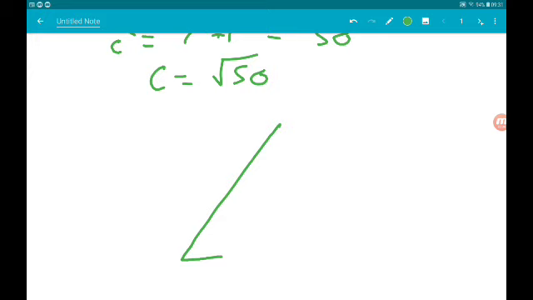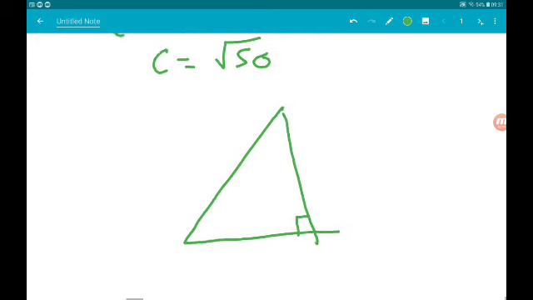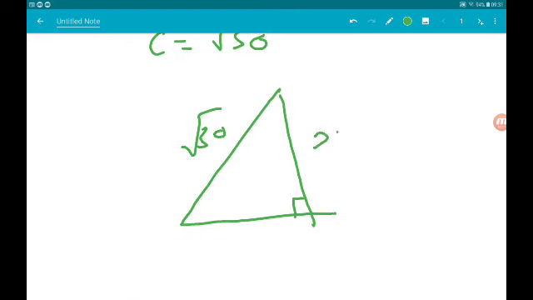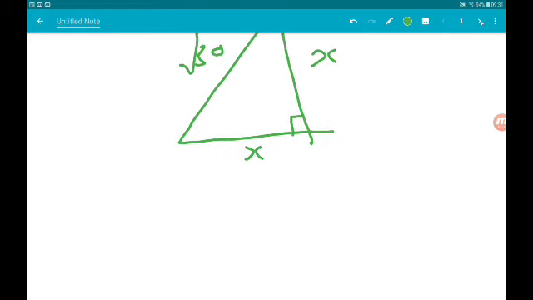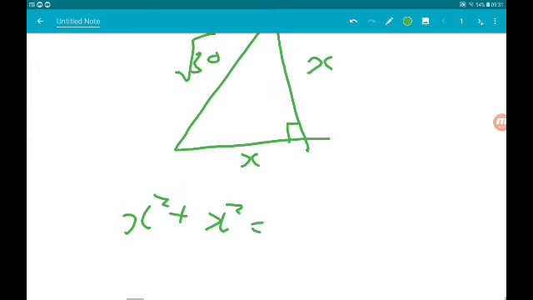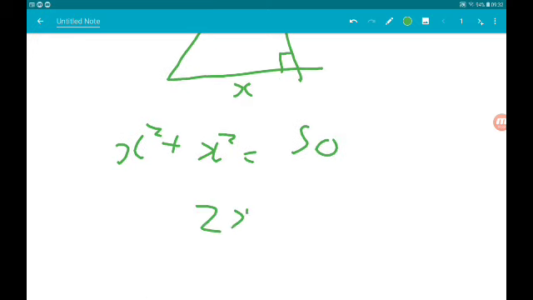We now know we got a right angle triangle where the hypotenuse is root 50, and we know the two other sides are the same length. So let's call them x. So again, by Pythagoras, we know x squared plus x squared is 50. 2x squared is 50. x squared is 25.